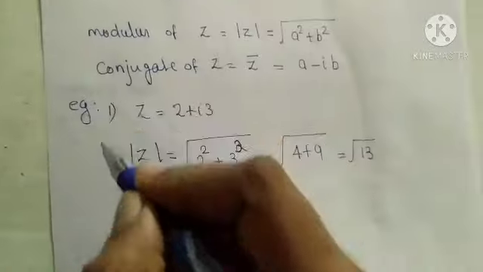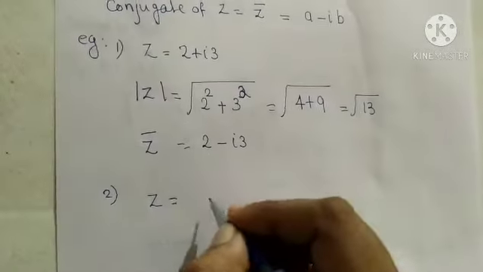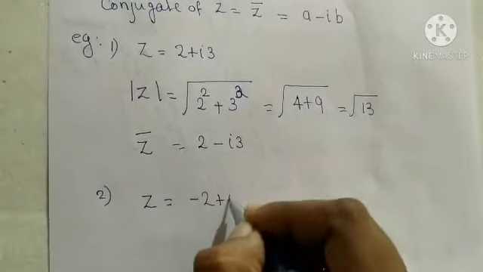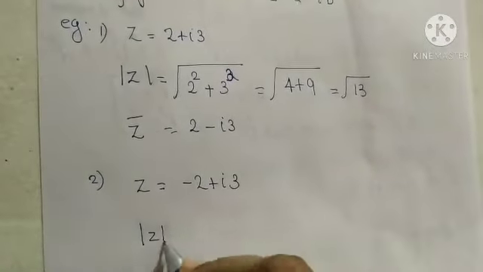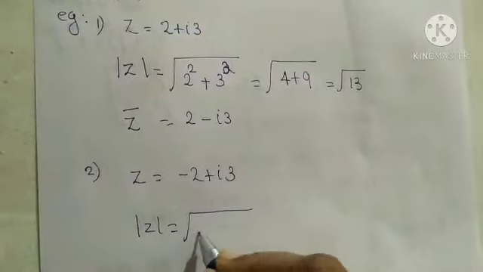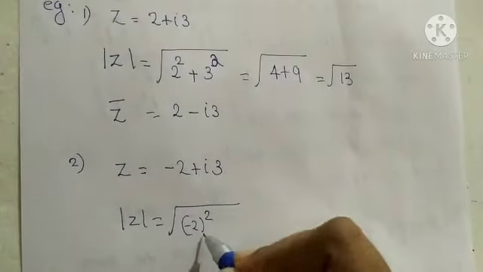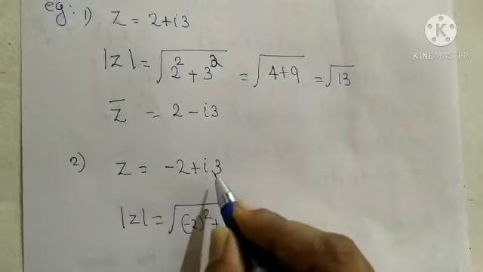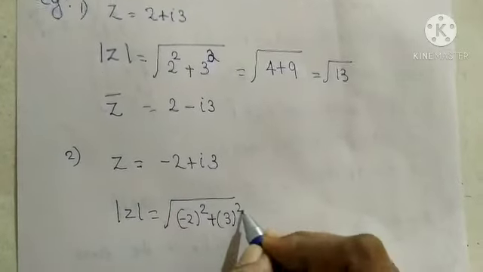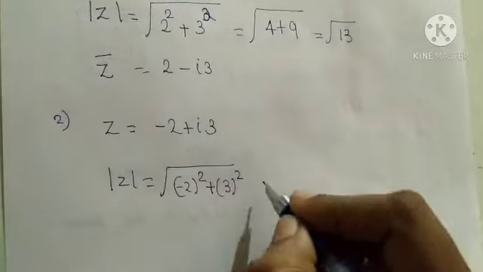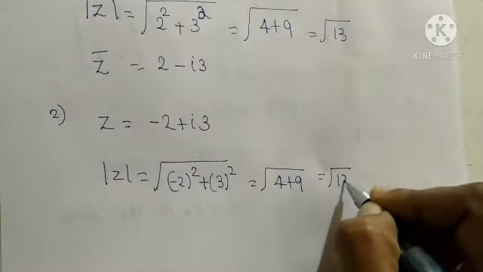Okay, let us take another example. If z equals minus 2 plus 3i, mod z equals root of, here a is minus 2, so the square of the real part is minus 2 all square, plus the square of the imaginary part, 3 square, which is equal to root of 4 plus 9, equal to root of 13.